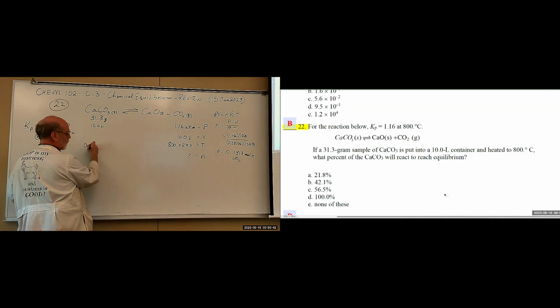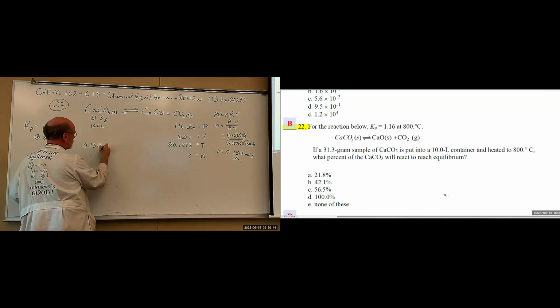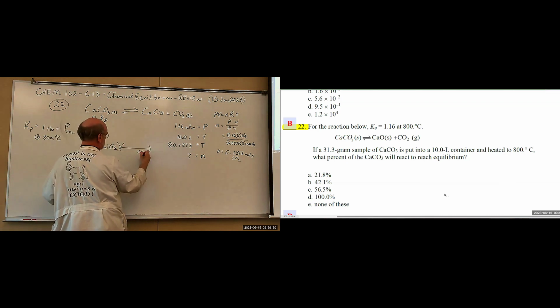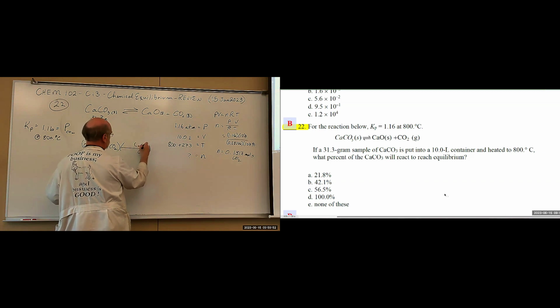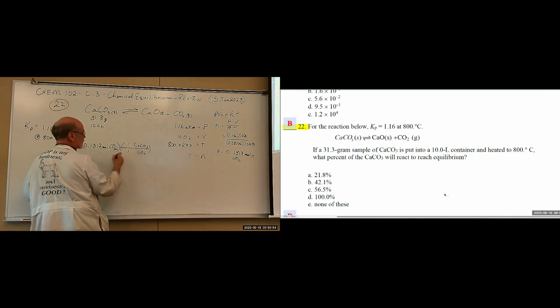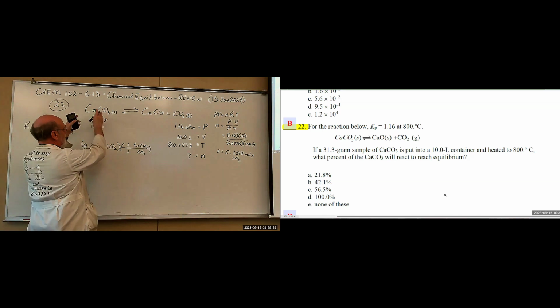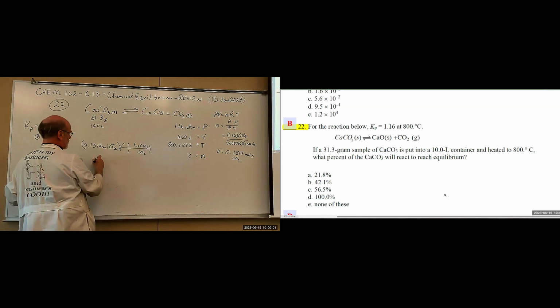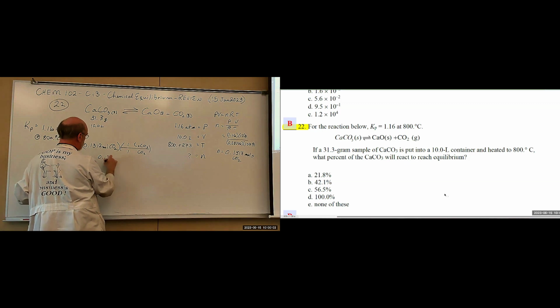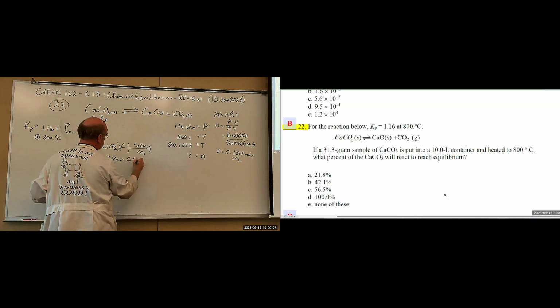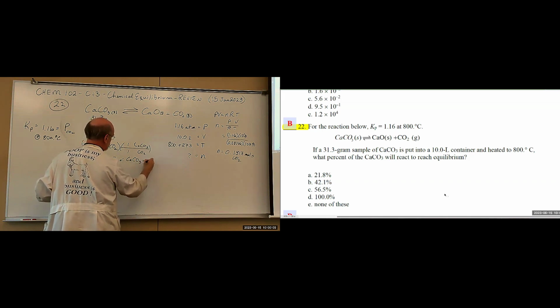Well, if it's 0.1317 moles of CO2, we really didn't need to do this because it's 1:1. The same number of moles used from this side. So it's 0.1317 moles of calcium carbonate used.